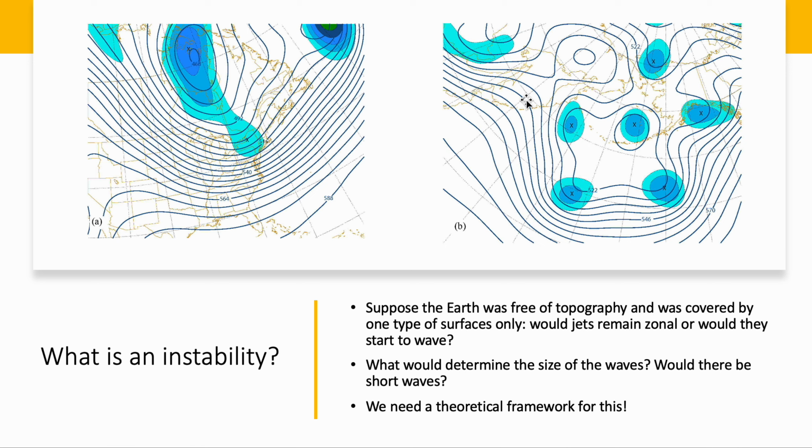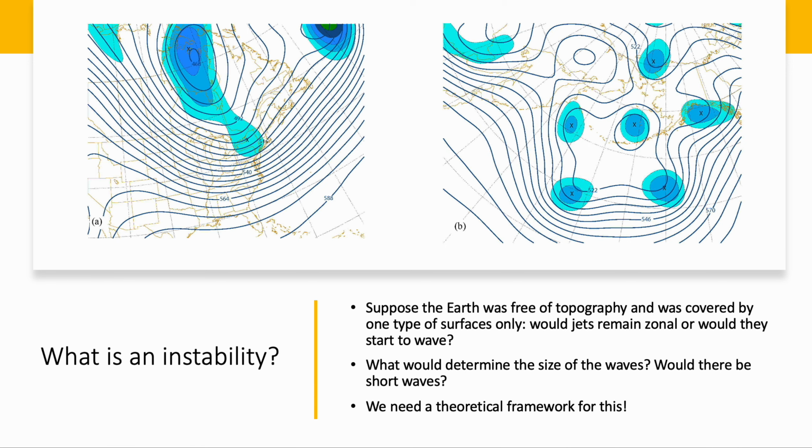In that case, the atmosphere would likely develop a jet structure like our atmosphere. But then what's going to happen to those jets in this perfectly smooth planet that we're envisioning, right? Are there going to be waves? And if so, what is controlling the waves, their amplitude, their wavelength, and so forth? And in order to answer this question, we're going to need some theoretical framework.